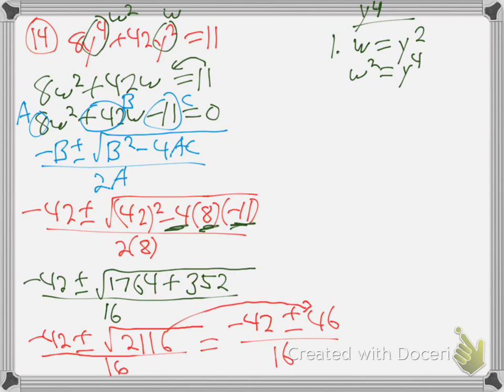Let me go to a fresh screen here. This is all w, right? We're solving a w quadratic equation. So w equals minus 42 plus or minus 46 over 16.